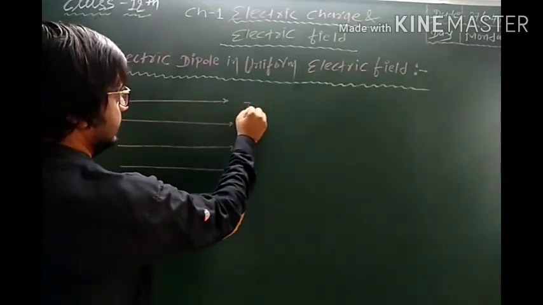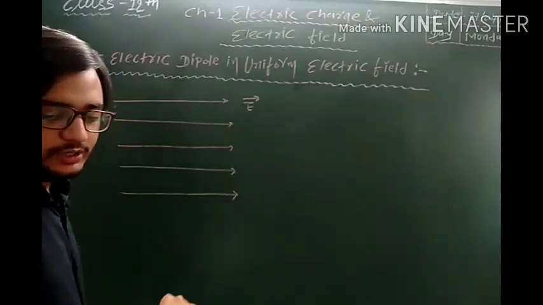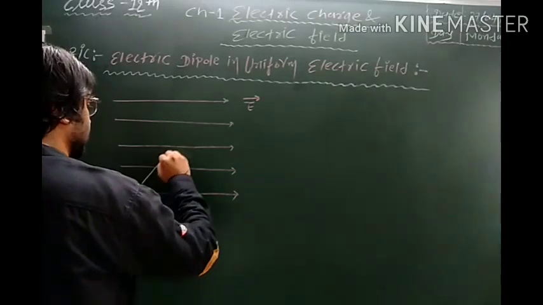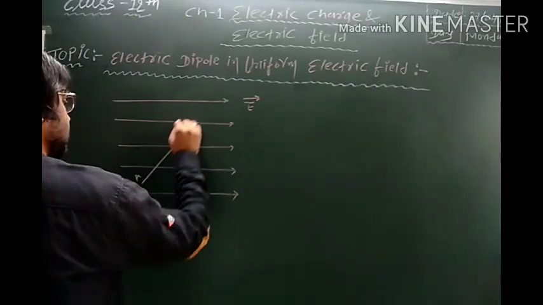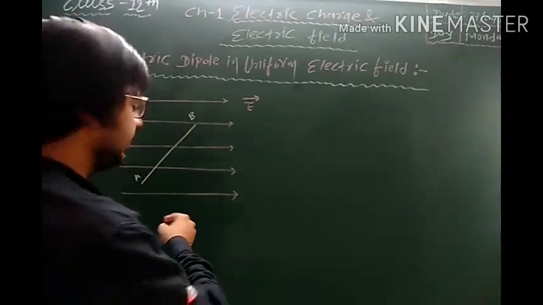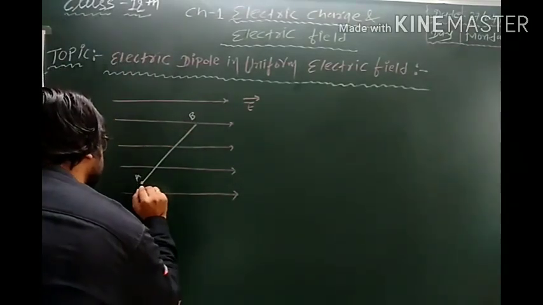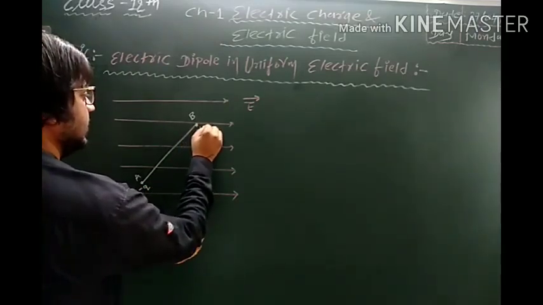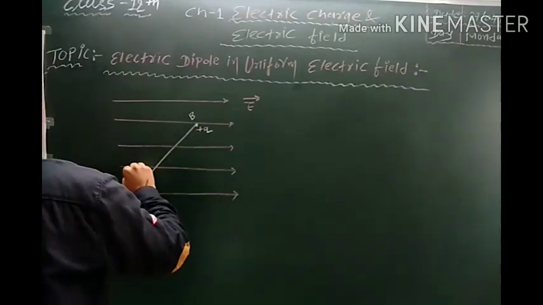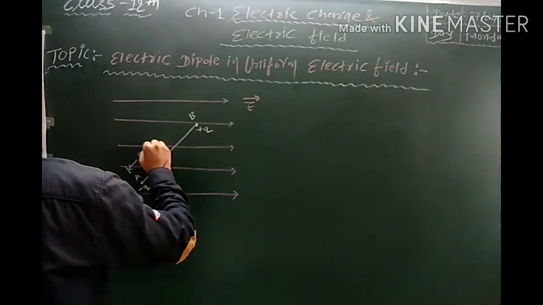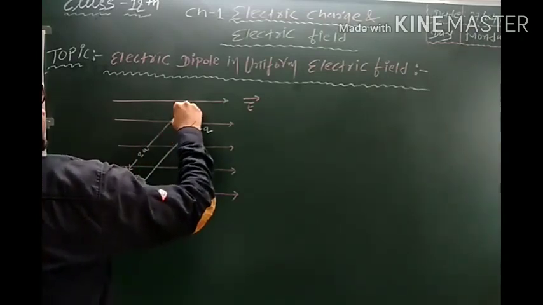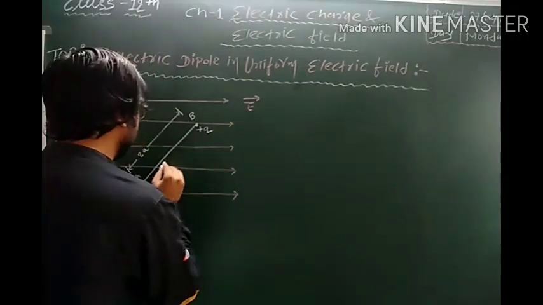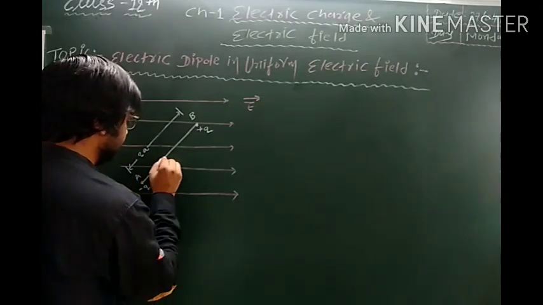Now we put a dipole, say A, B. We place charge minus Q at point A and plus Q charge at point B. The distance between these two charges is 2a, and the angle between the electric field and the dipole is theta.